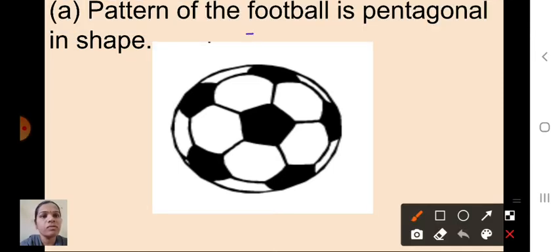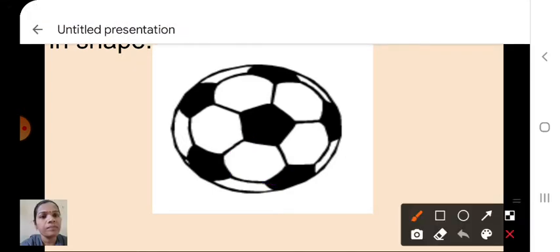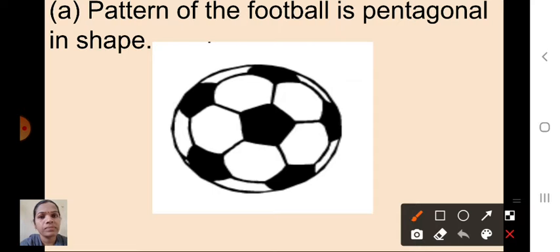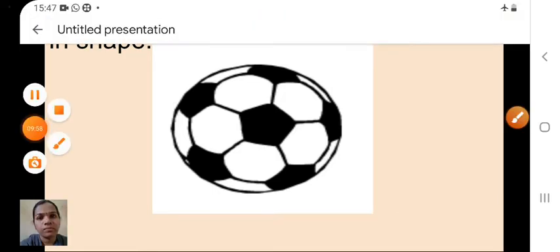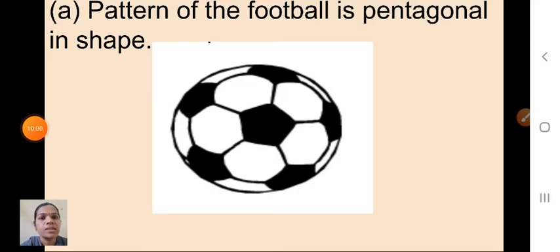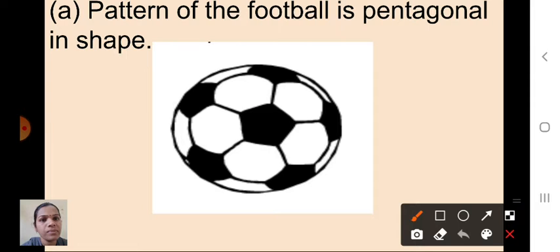The pattern of the football is pentagonal in shape. See here, 1, 2, 3, 4, 5 sides. This is pentagonal in shape.